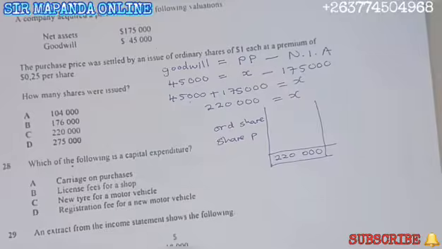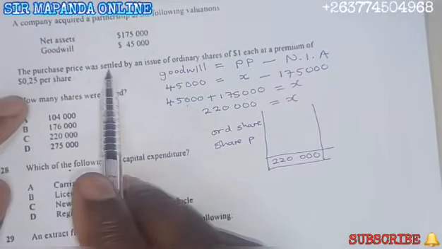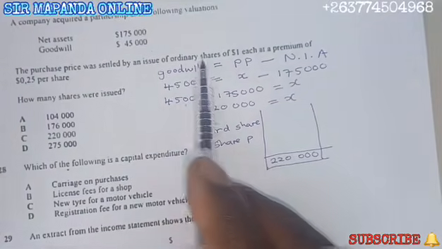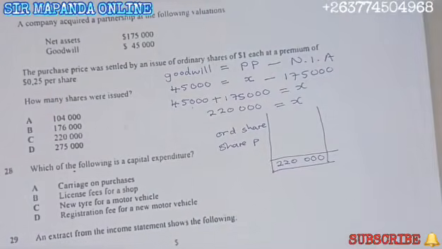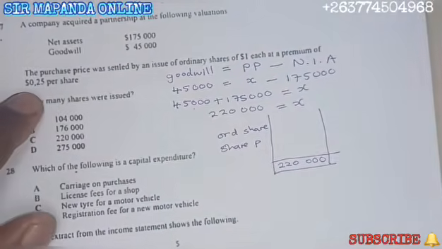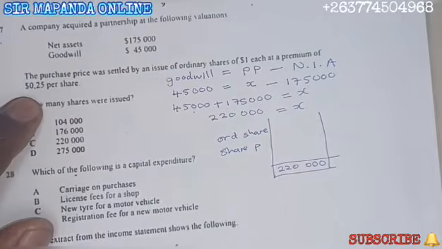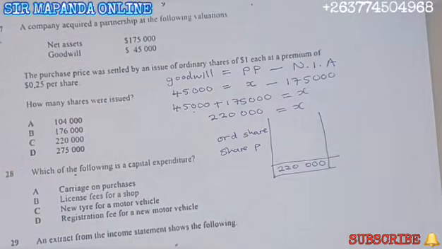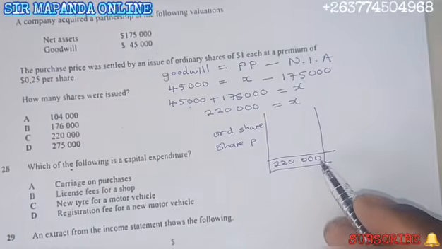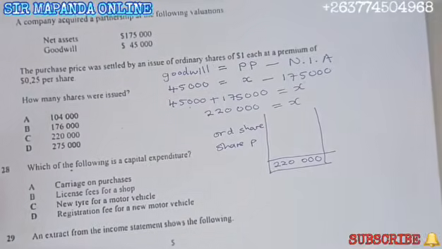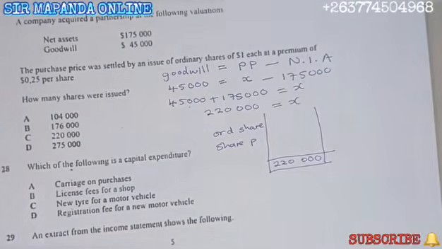They are saying the purchase price was settled by an issue of ordinary shares of $1 each at a premium of 25 cents per share. It means the total price is $1.25. I hope you are following. So if I divide 220,000 by the total price of $1.25, you'll be able to identify the ordinary shares.